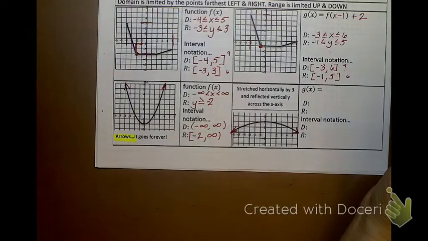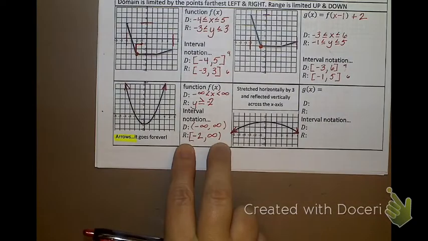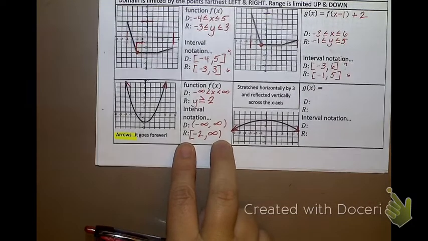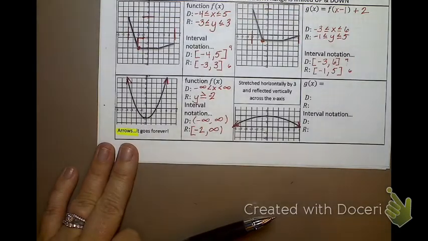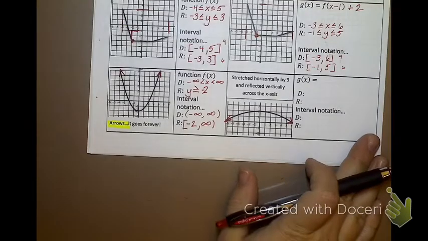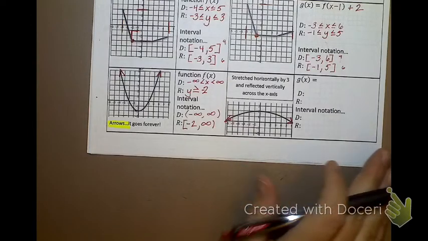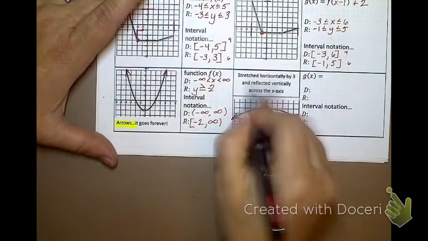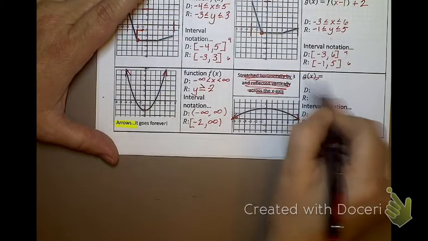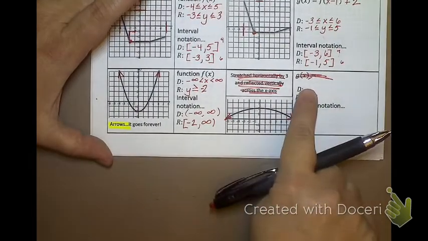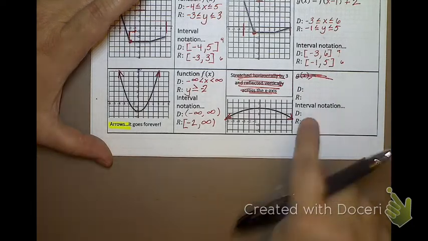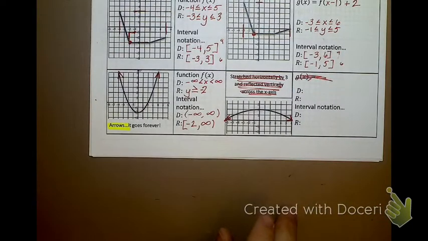So the way that one looks in interval notation, I have one bracket and one parentheses, and it goes from -2 all the way up to +infinity. Okay. We're not going to worry about the equation on this one because it's a little different than what we've done. But see if you can write the domain and the range in both inequality notation and interval notation here.